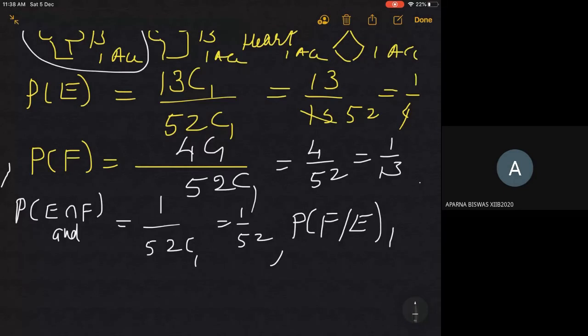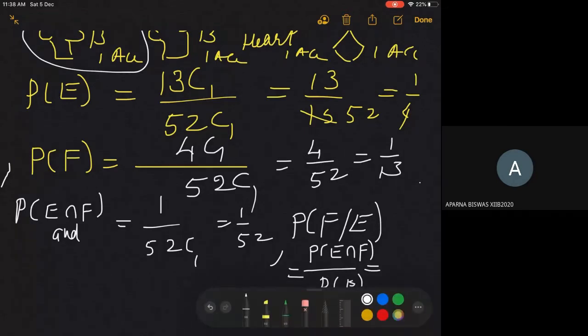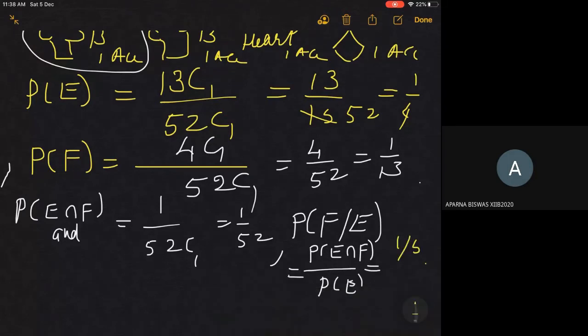It is P of E intersection F by P of E, and P of E intersection F is 1 by 52. It is 1 by 52 divided by P of E, which is 1 by 4, and you get the answer as 1 by 13.